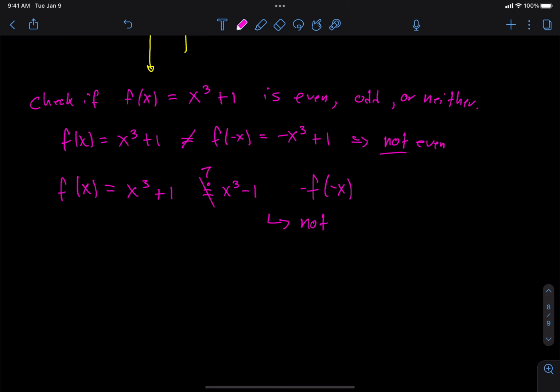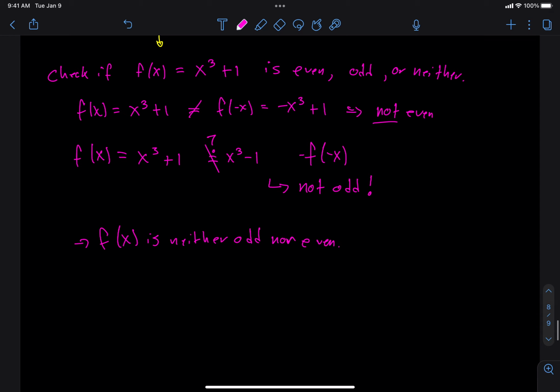It's not odd. So our conclusion is f of x is neither odd nor even. So this is how we check even and oddness for a function.